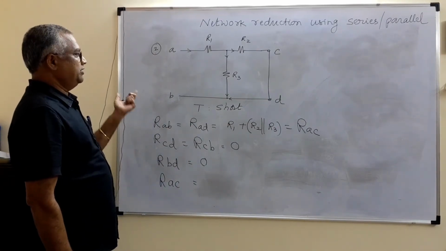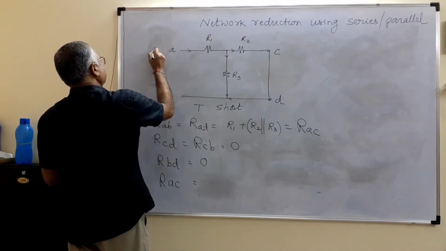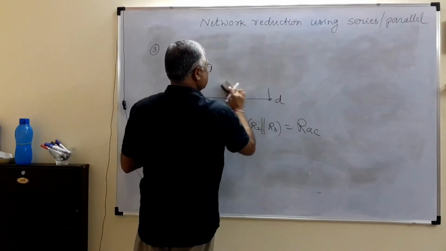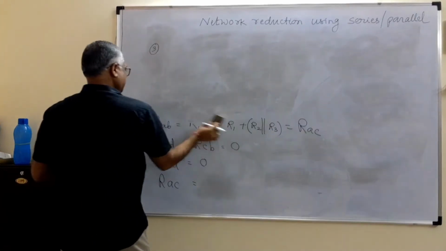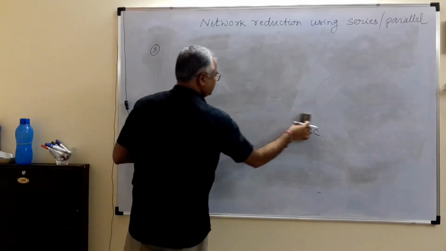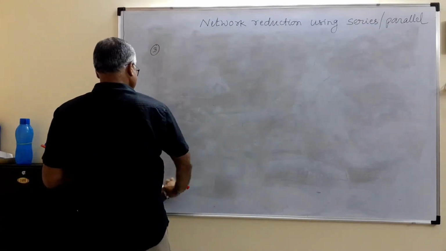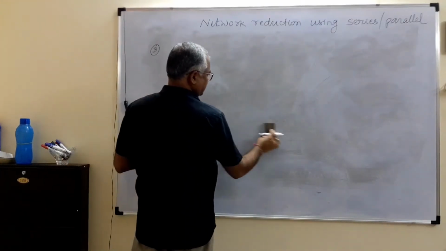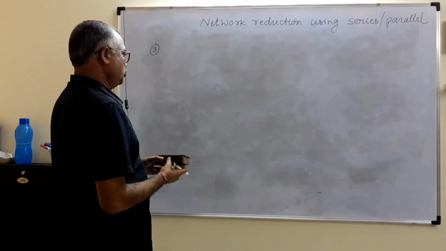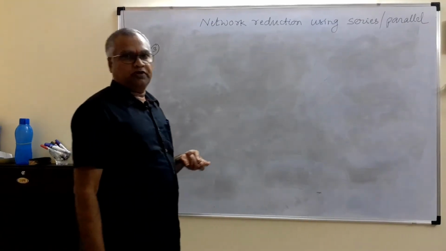So T open, T short we analyzed. Next, the third one. These are all different examples for understanding the concept of series parallel. This concept is useful in transient analysis, useful in theorems, useful in two-port networks, useful in all single source problems.